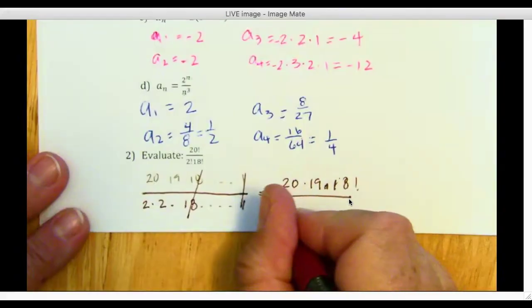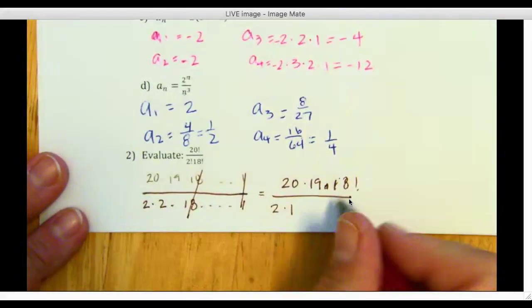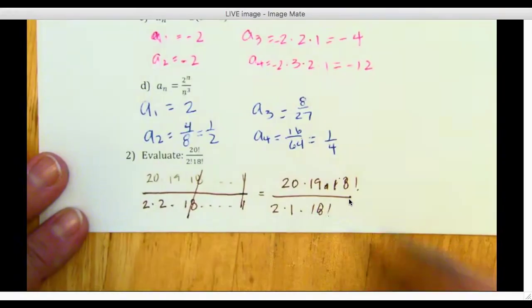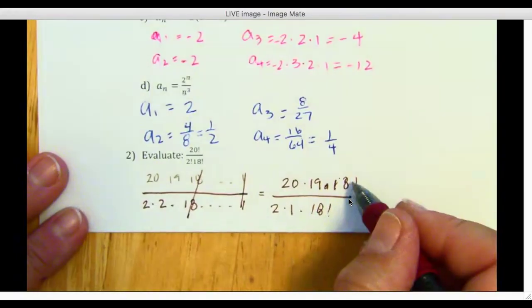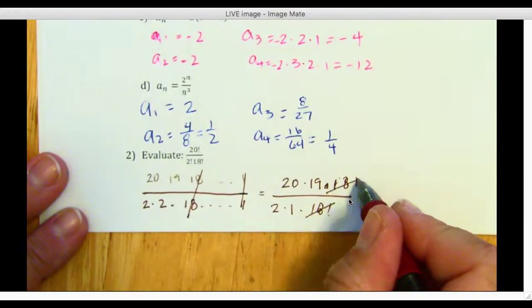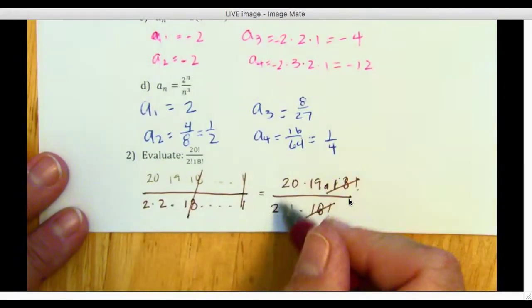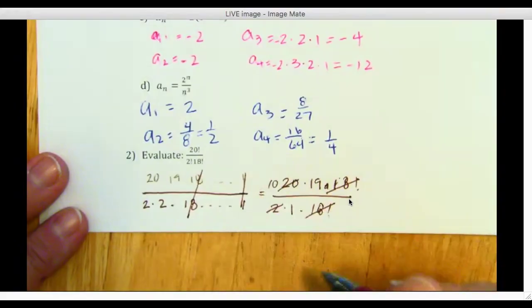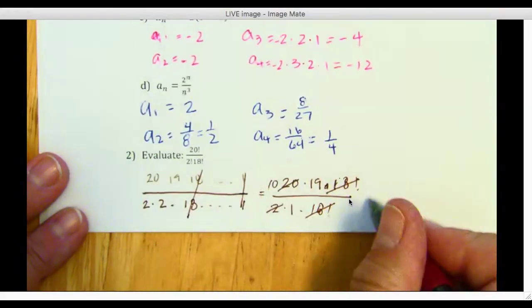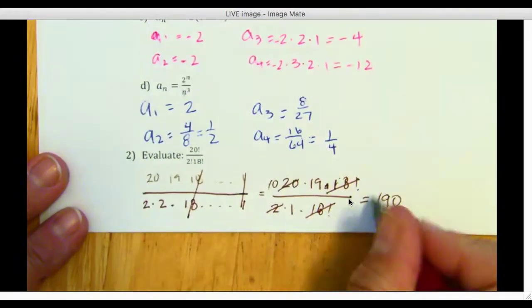And then on bottom, 2 times 1 for that 2 factorial, and then the 18 factorial. So 18 factorial over 18 factorial, those cancel out. And then on top, we have 20 and 2. Those can reduce, and that can become 10. And so 10 times 19 is 190. And that would be our answer.